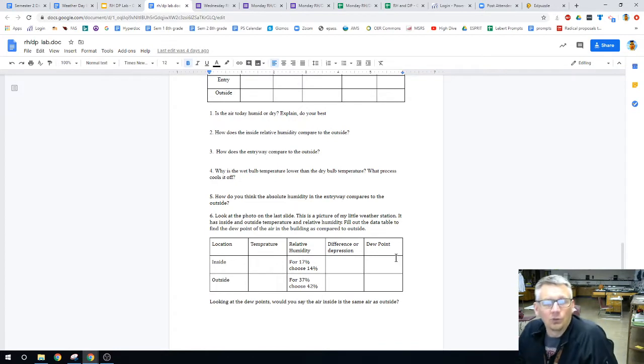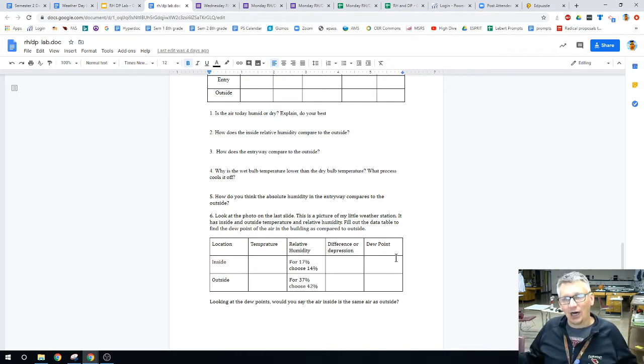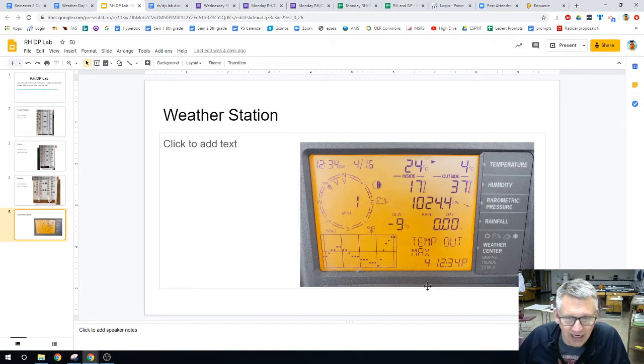And then we're going to take a look at this because one thing that I want you to try understanding is how the relative humidity and the dew point kind of correspond, and which one will tell you what it is that you actually need. So it says to take a look at the weather station.